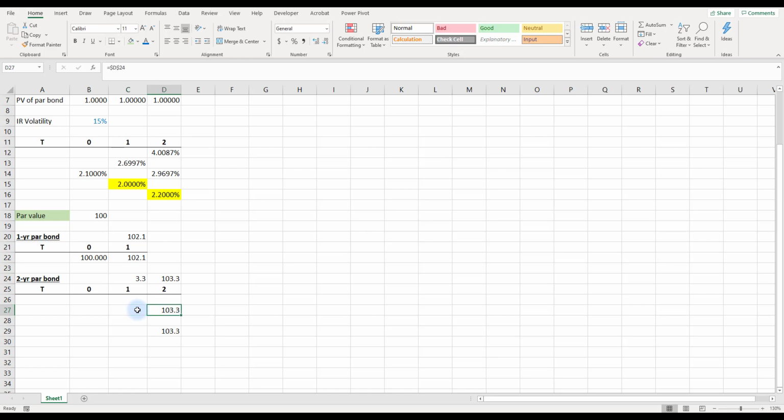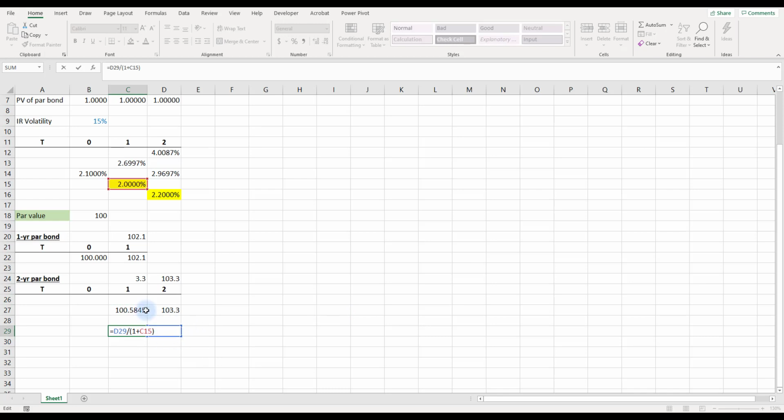So from 103.3 I'll discount it back 1 period backwards. Okay, I'm going to use the 1 period forward rate starting in 1 year's time, which is 2.6997%. So that's equals to 103.3 divided by 1 plus the upper knot rate. Okay, so that's 100.5845. I'm going to do the same thing here. I'm just going to edit it, copy downwards. Okay, so we have the same.